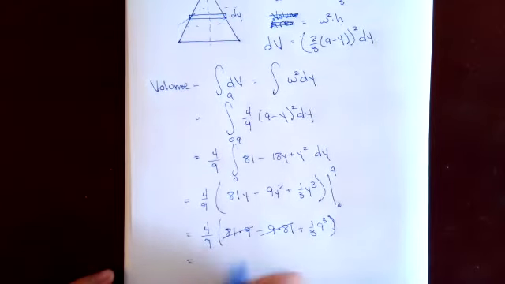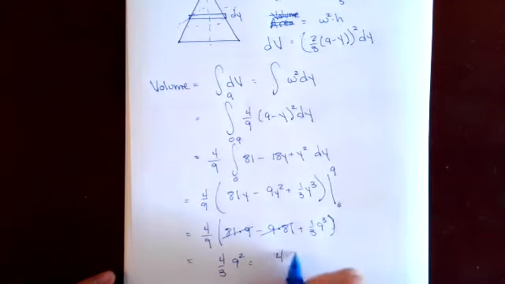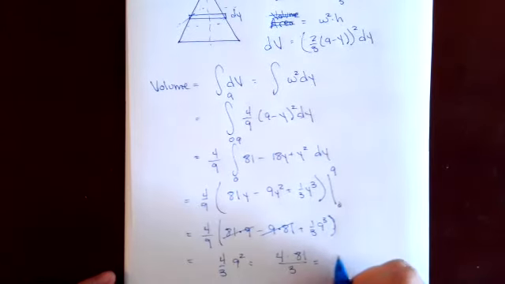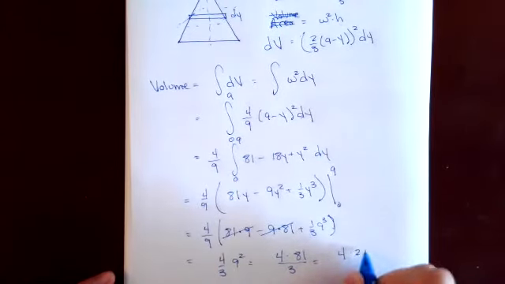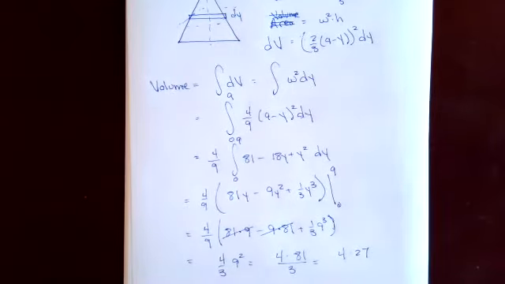It looks like I have 4/3 9 squared. So that's going to be 4 times 81 over 3, which is 4 times 27. And then what is that?